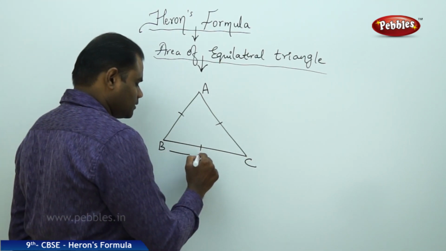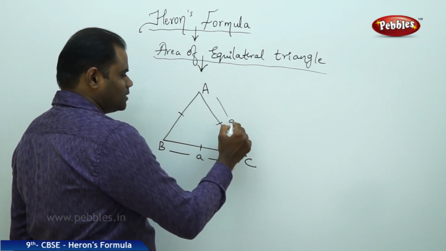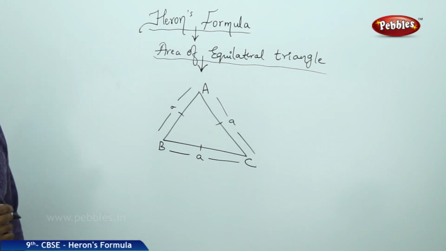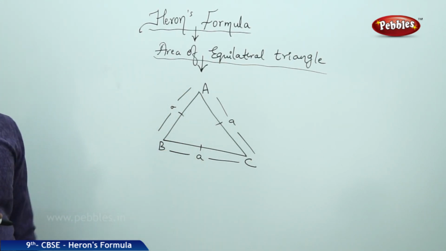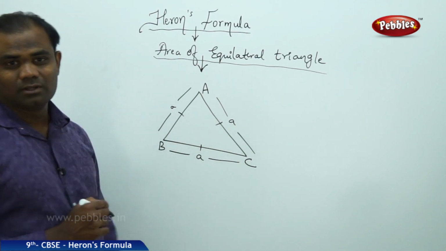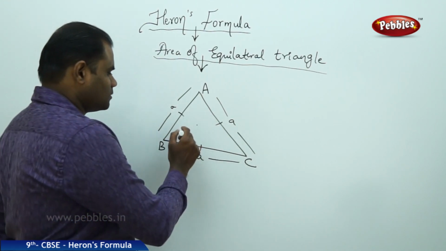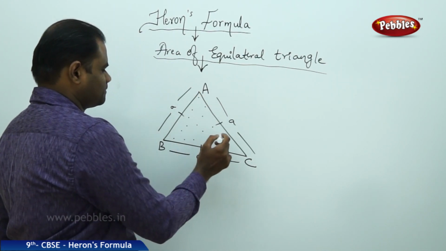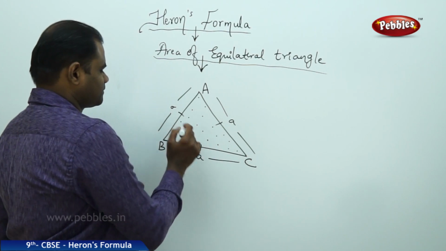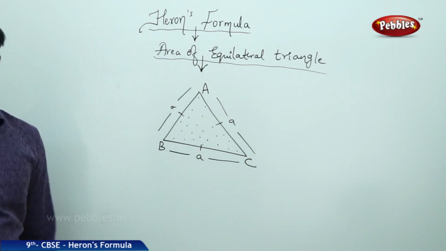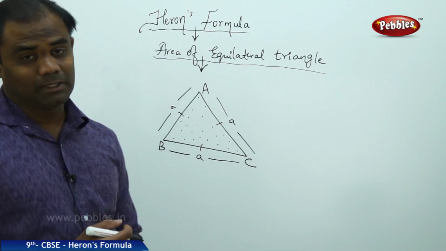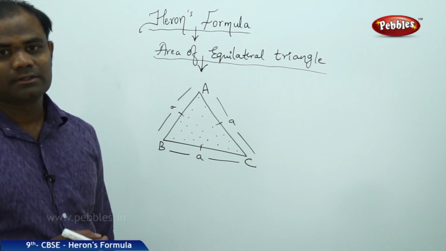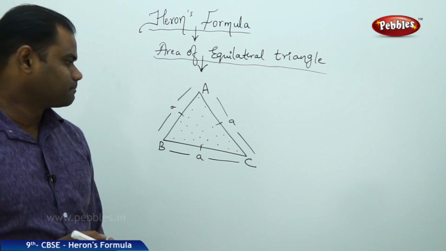That means if I take one of the side as A, even this would be A and this would also be A. So for a triangle which is equilateral with each sides being equal, area of this equilateral triangle is given by a specific formula. So let's see how we can find the basic formula out here.